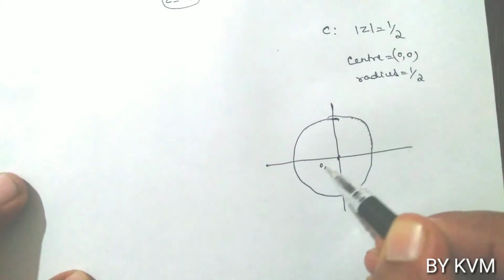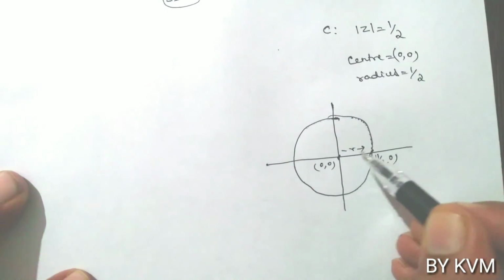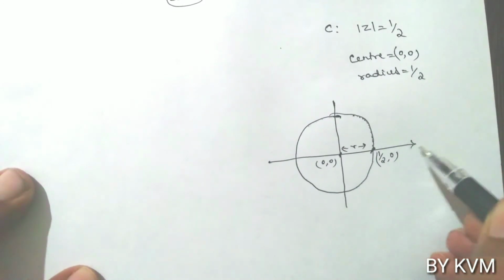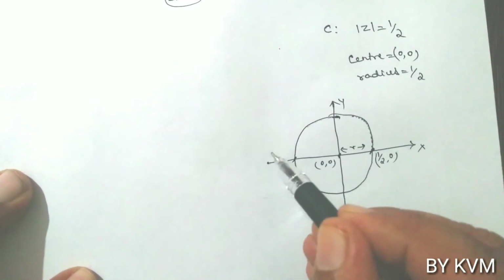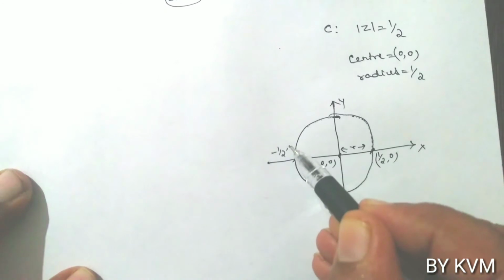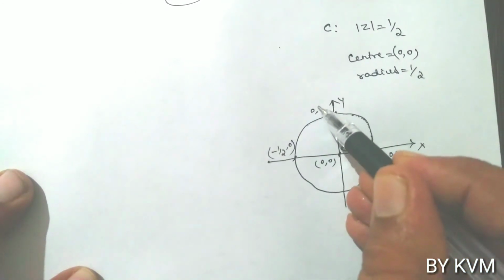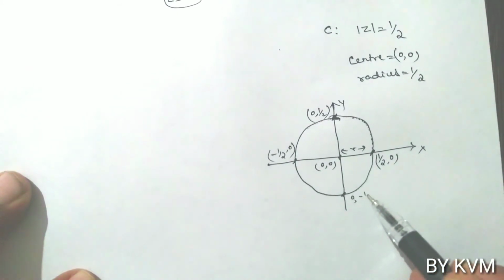So center is 0, 0 and radius of the circle is 1 by 2. So the point on the x-axis is 1 by 2, 0 and to the left side it is minus 1 by 2, 0. On the y-axis it is 0, 1 by 2. On the negative side it is 0, minus 1 by 2.